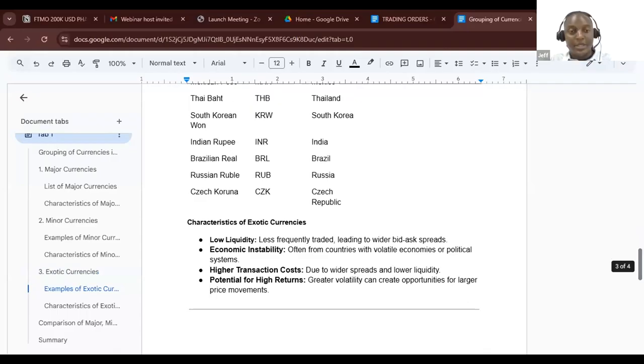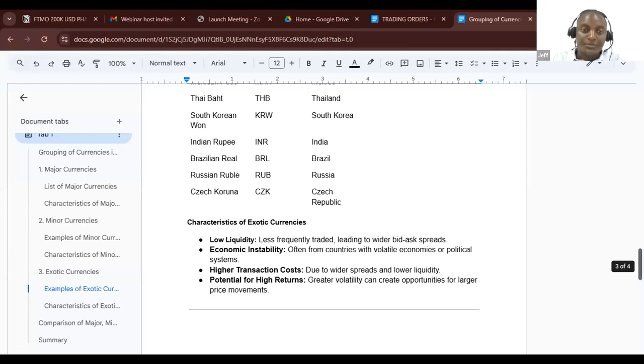Then you have higher transaction costs due to wider spreads and lower liquidity. The transaction costs on them are slightly higher, not very high. Then you have potential for high returns. Greater volatility can create opportunities for larger price movements.